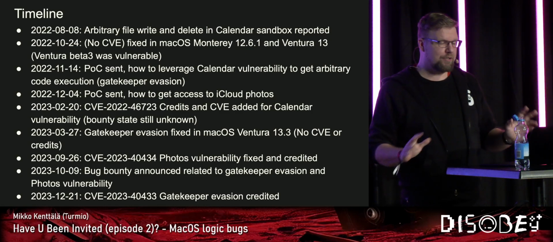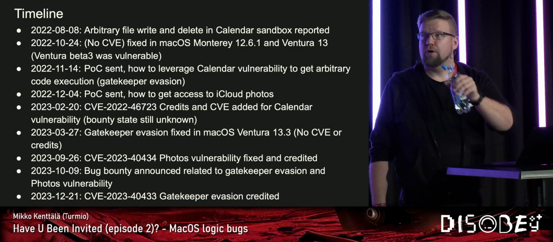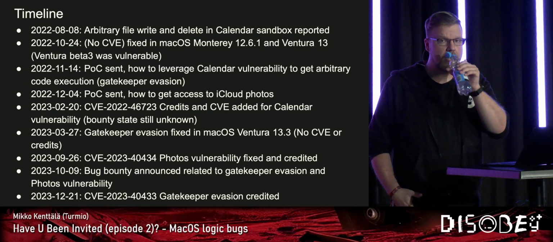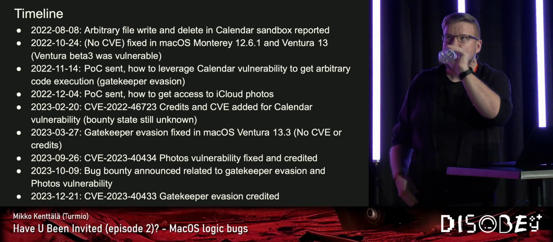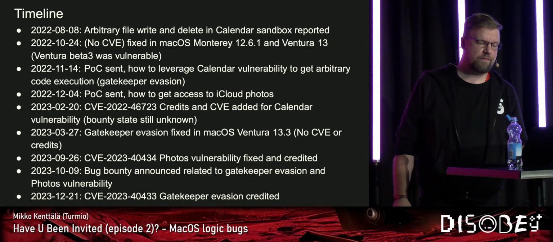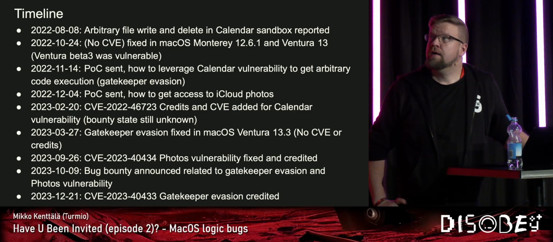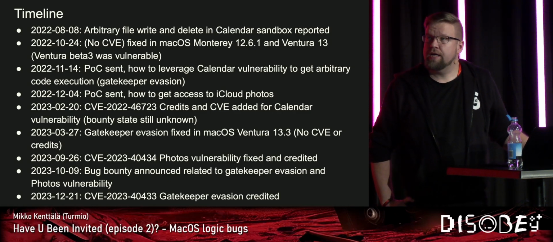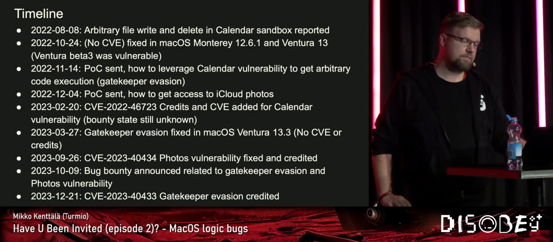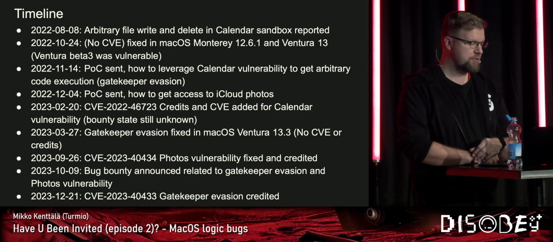If we take a look at the timeline, you can see that it is actually quite long. There's quite a lot going on, plenty of discussions with Apple and so on. As you can see, the original calendar vulnerability was already found in the late half of 2022. I reported it, then we had a kind of argument with Apple, who were saying that there's no need for a CVE for this because it doesn't seem to be too bad.